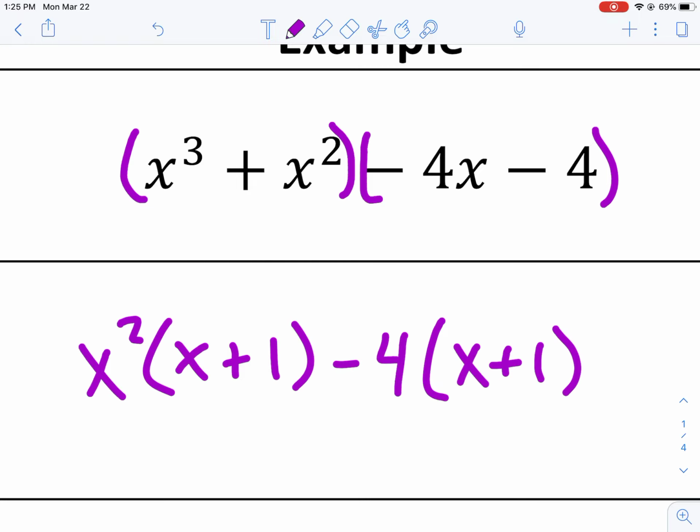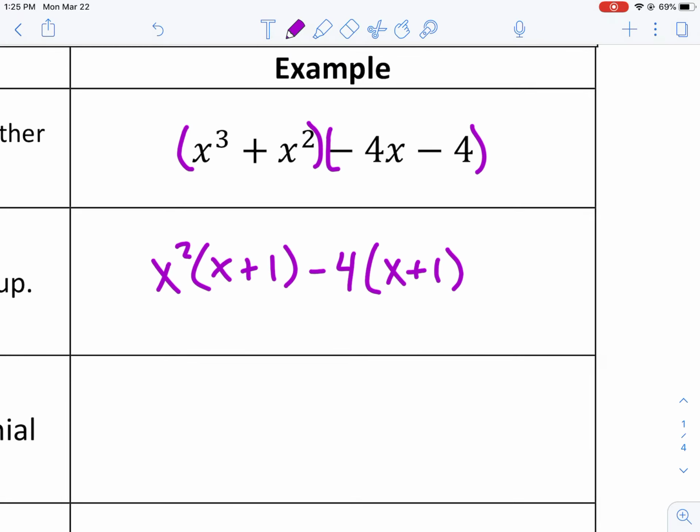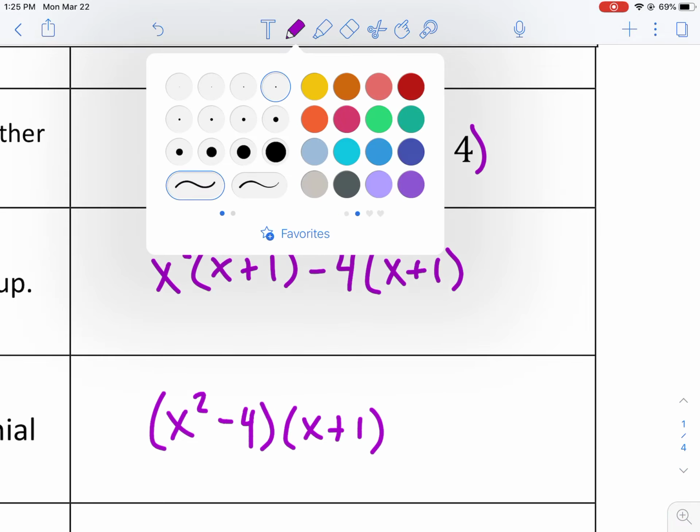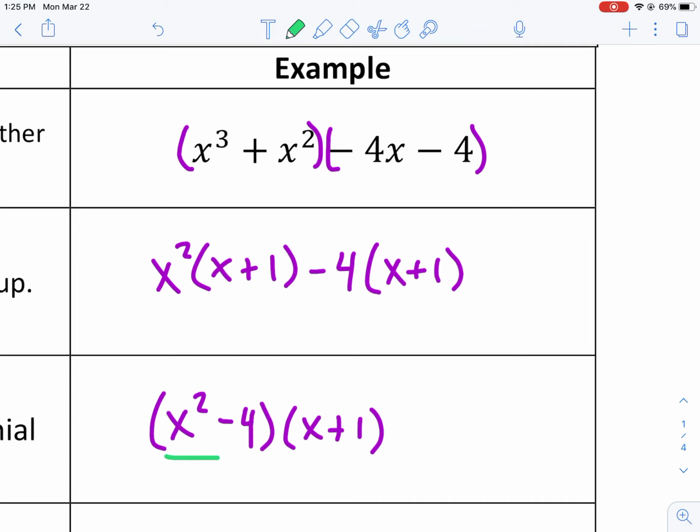And now this last step is a little bit tricky, but once you do it a couple times, you'll start to get it. The answer is x squared minus 4 times x plus 1. Okay, now where did that come from? Well, the x squared minus 4 parentheses came from our 2 GCFs, okay?